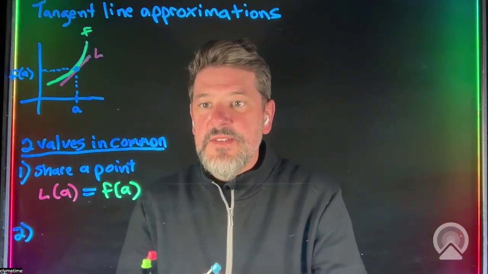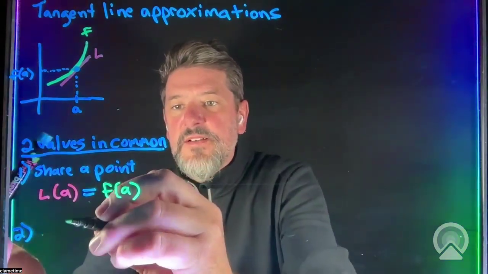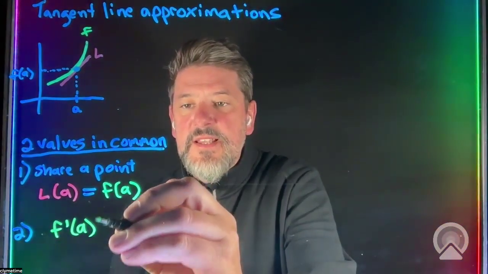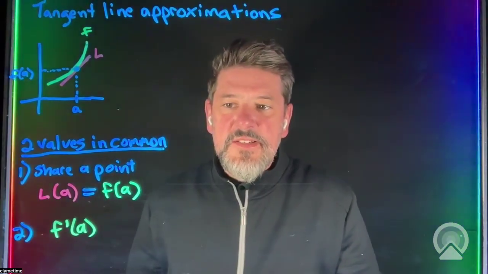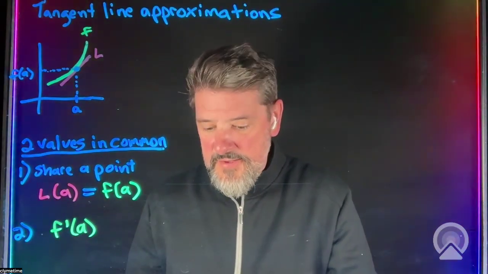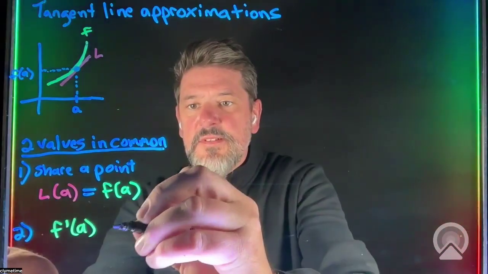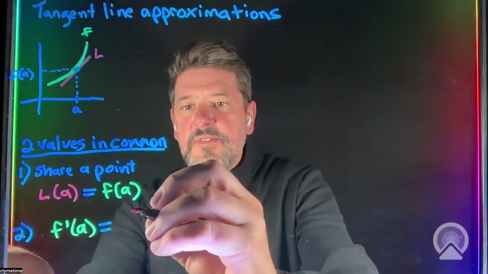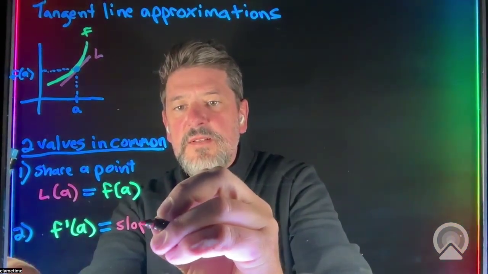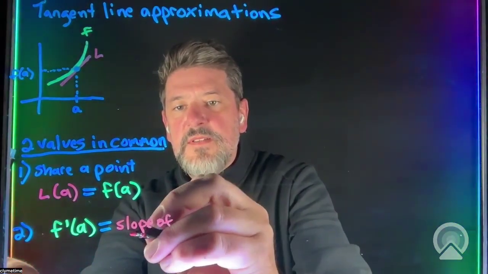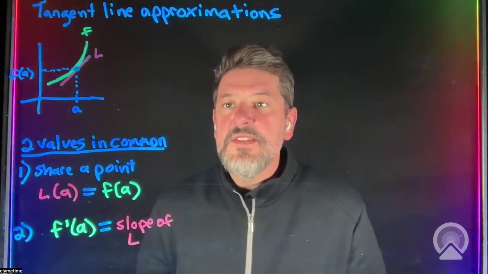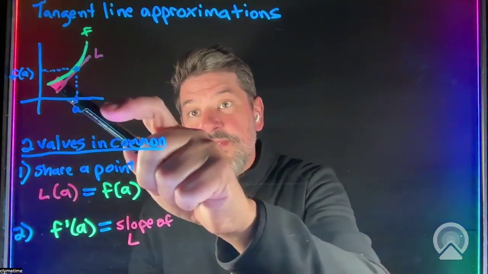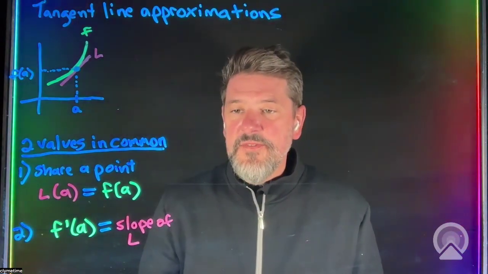So the way we write that is f prime of A, that's how we say the slope of the tangent line of f of x at A, is equal to the slope of the line L. If you come up with the equation of line L, it's going to have a slope, and that slope is going to be the same slope as f of x.